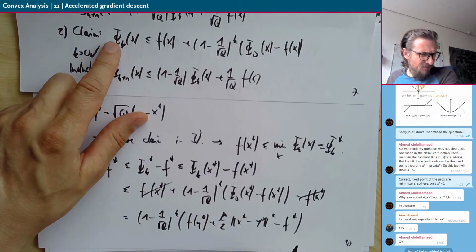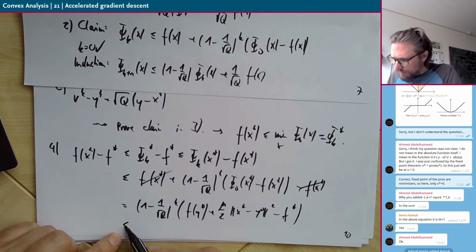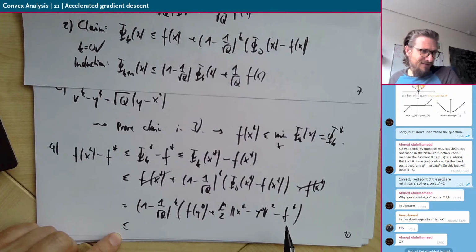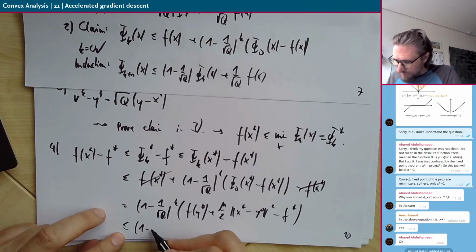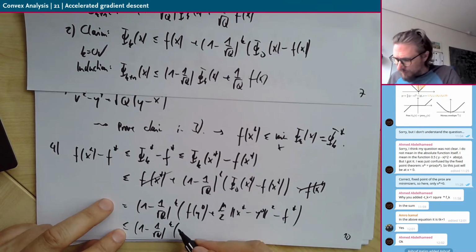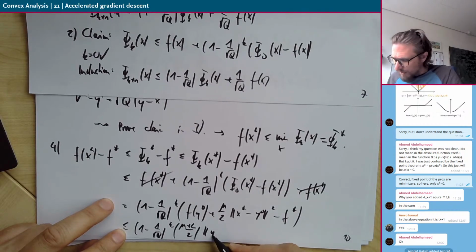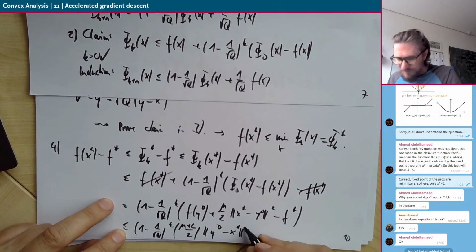By strong convexity again, noting that the gradient of f of x star is 0, we arrive at 1 minus 1 over square root of q to the k times mu plus L over 2 times the norm of y_0 minus x star squared.